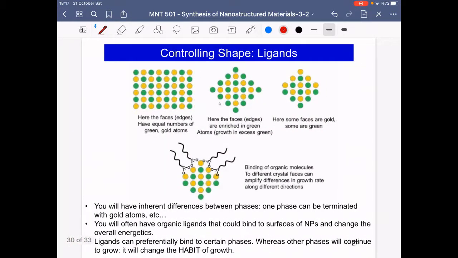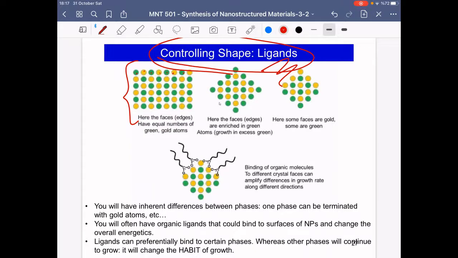Another way to control shapes is by ligands. Let's say this is the nanoparticle that you had created, and it has a certain amount of positive and negative sites, an equal number of green and gold atoms of different types.